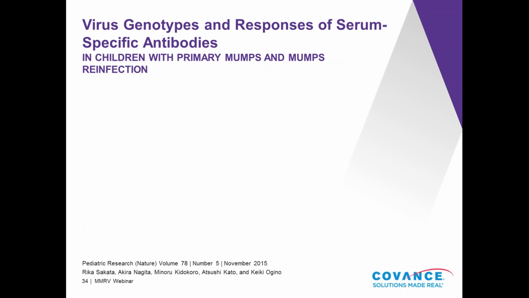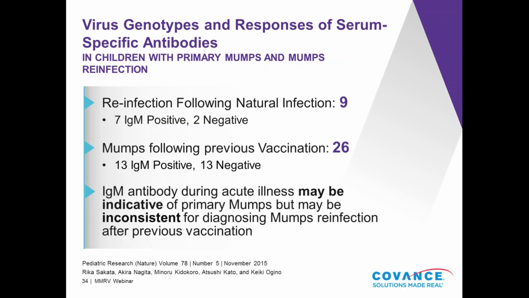When looking at children with primary mumps and mumps reinfection, things got very interesting. Among those children infected following a natural infection, 7 were IgM positive and 2 were negative. And that's a clinical serological diagnosis. However, among those that acquired mumps despite being vaccinated, 50% were IgM positive and 50% were negative.